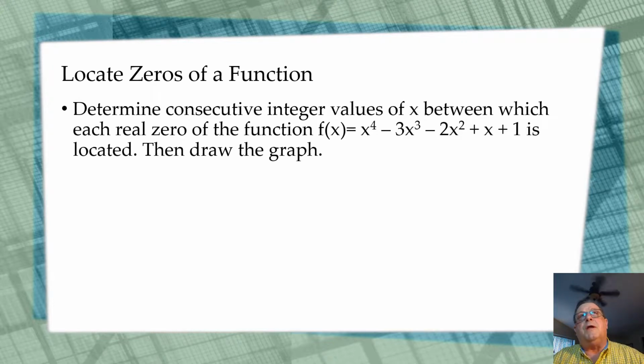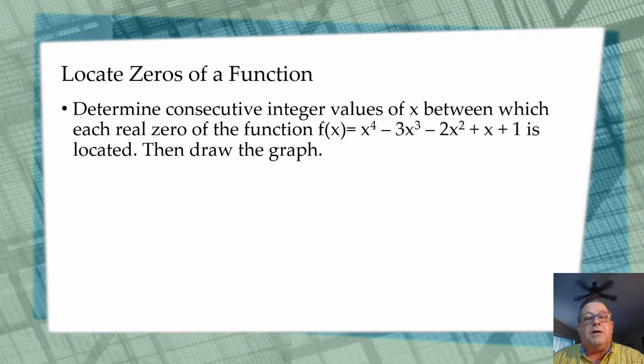If you've got a positive value, you hit the x-axis, and all of a sudden y goes to a negative value, you're going to see it change sign. And if it comes back up and crosses the x-axis again, y goes from negative to positive. Between those integers, that's where a zero of the function lies.